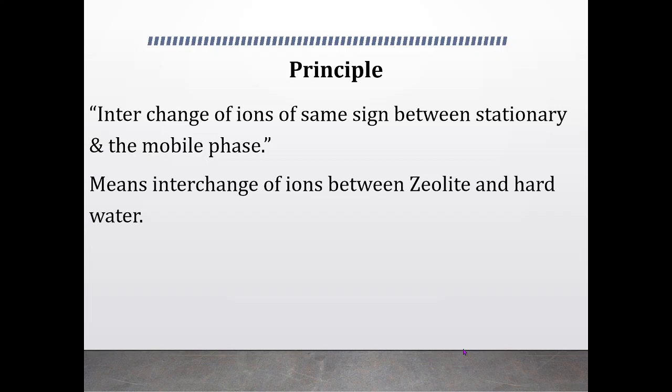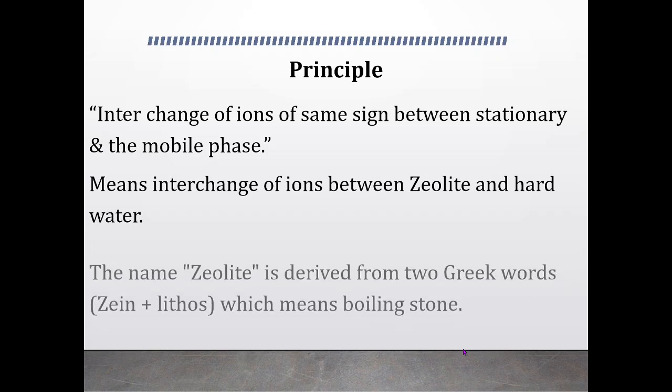So can we say that it is the interchange of ions between zeolite and hard water? Now, same sign means same charge. It means the stationary and mobile phase can exchange positive with positive ion and negative with negative ion.